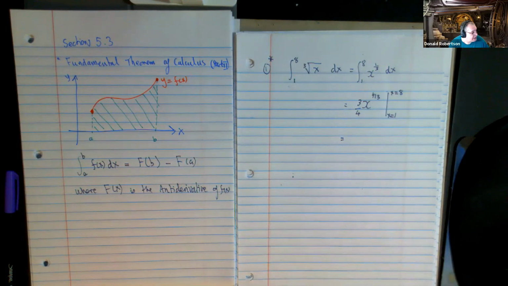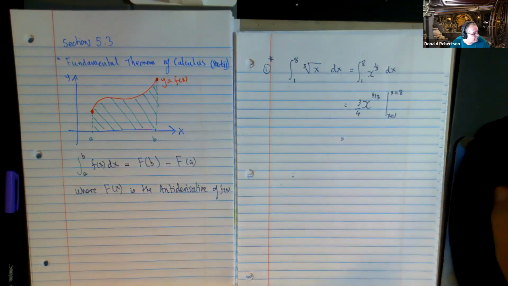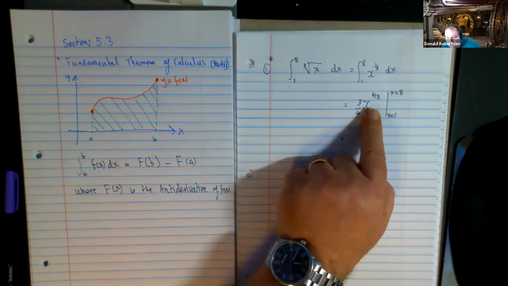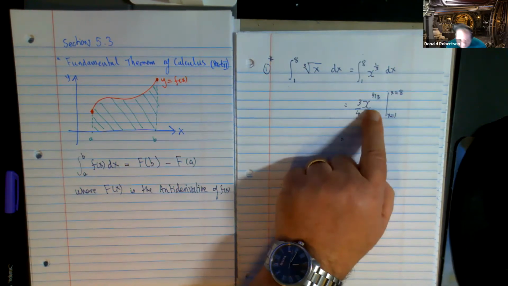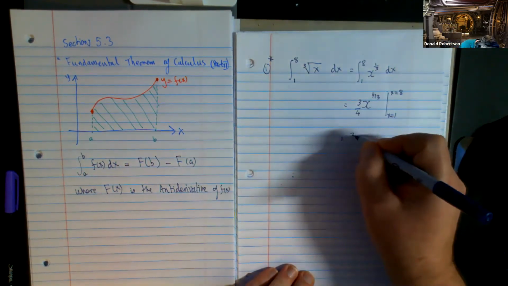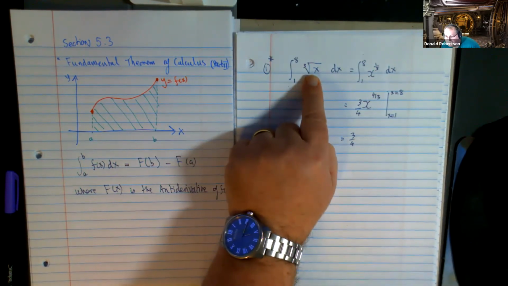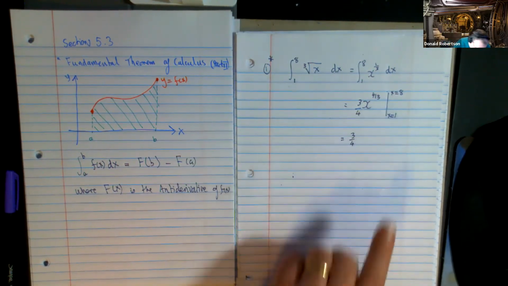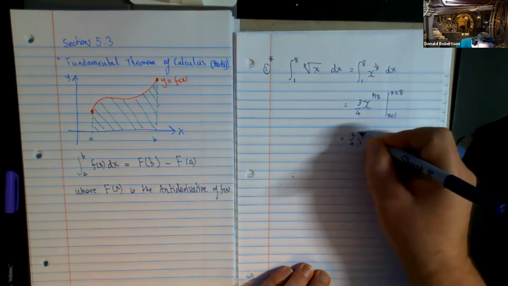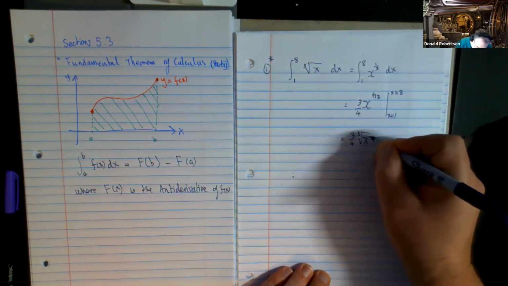Since we want exact values, you need to do style points. And style points mean make it look like this. Well, x to the 4/3 is the cube root of x to the power of 4.